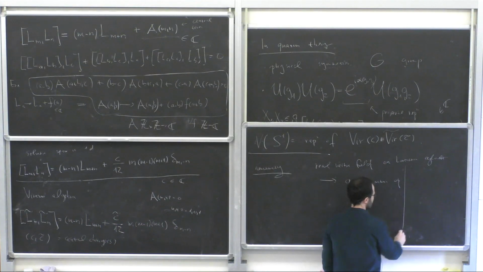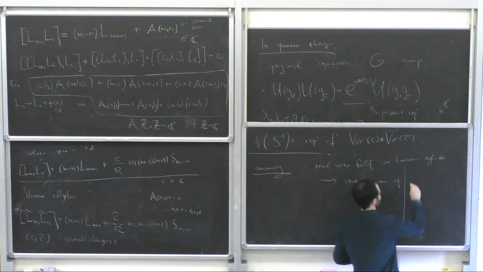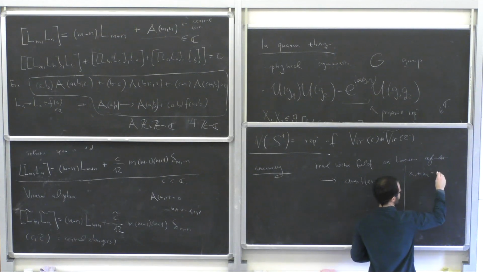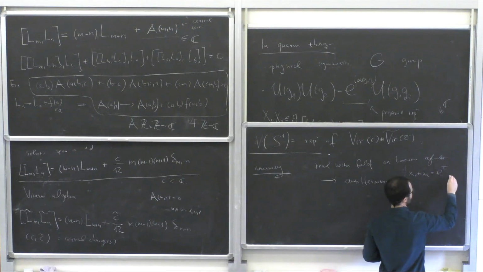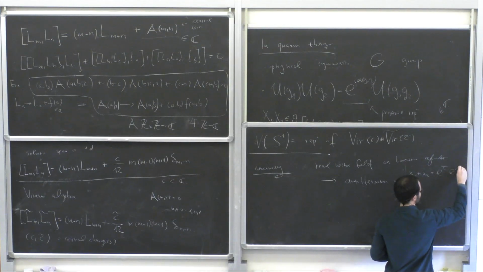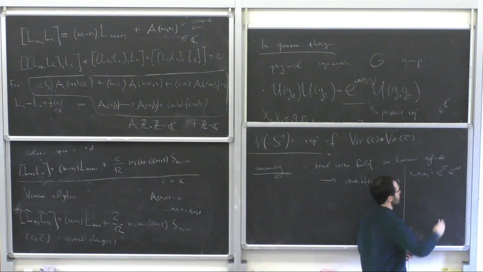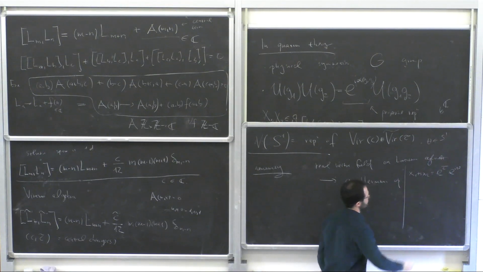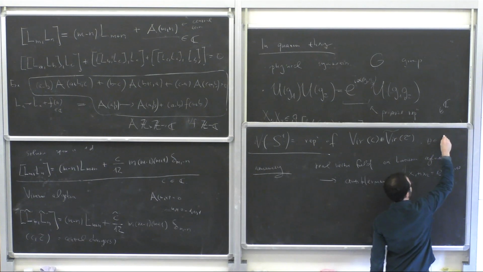Let me just remind you, how do we get a Lorentzian cylinder? Well, we have x1 plus i x2 in the plane. We can write this as e to the tau times e to the i theta, because now this is the S1, so theta parameterizes the S1. Theta is between 0 and 2 pi.